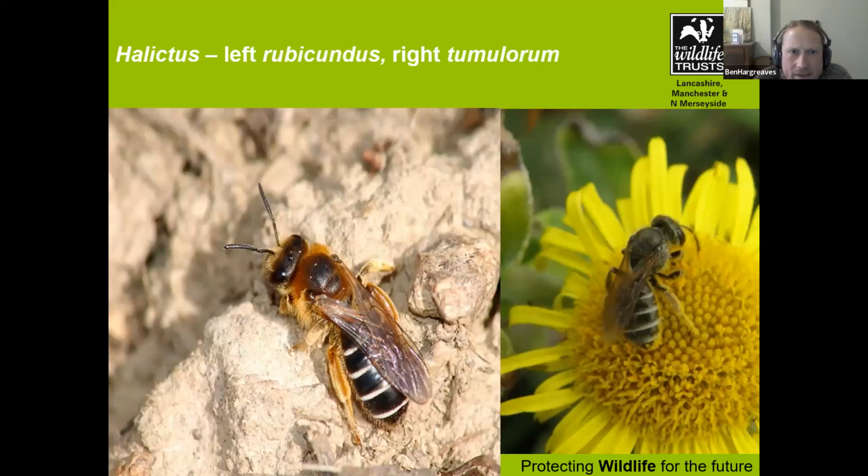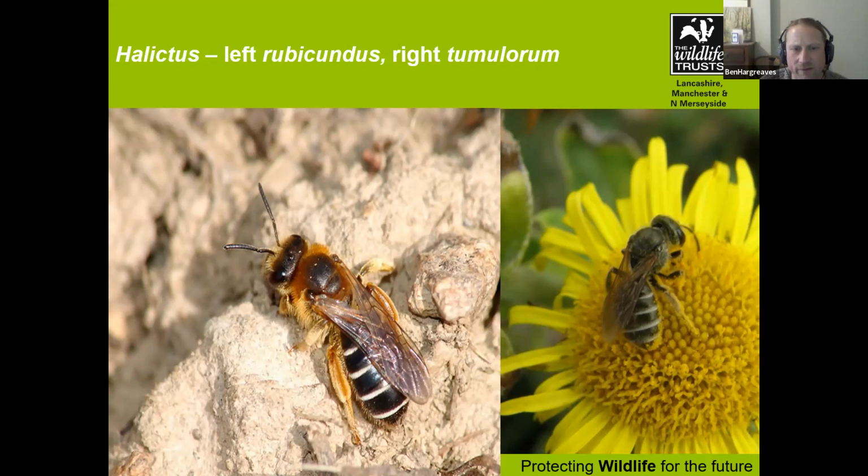So yeah, on the left Halictus rubicundus, one of the bigger and more distinctive halictid bees that we get. One of the good characters for telling the Halictus bees, certainly from Lasioglossum, is this marking at the end of the abdomen, which is actually a gap of hairs at the bottom called a rima. I don't think you can see it on Halictus tumulorum to the right very easily because of the pollen.